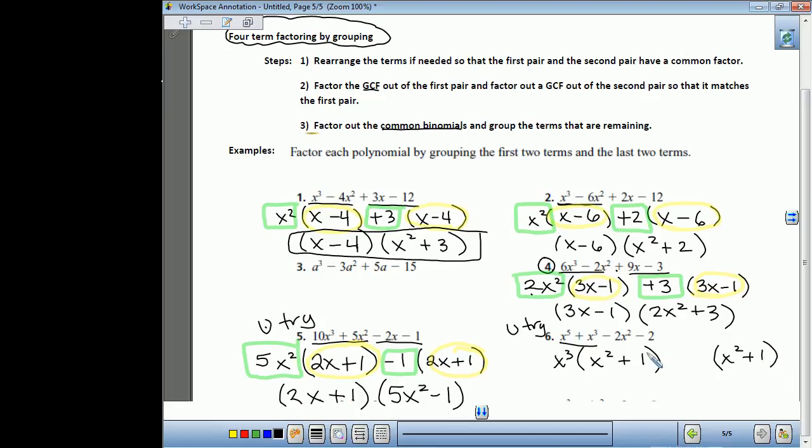So what do I have to factor out? A negative 2. So when I pull out what they have in common and group what's left, it gives me my answer. You pull out what they have in common, and then you group what's left.